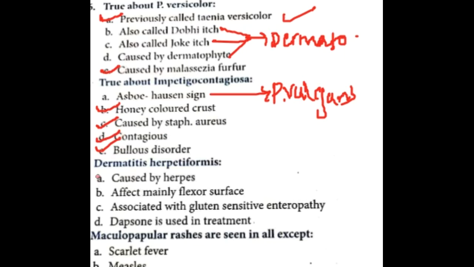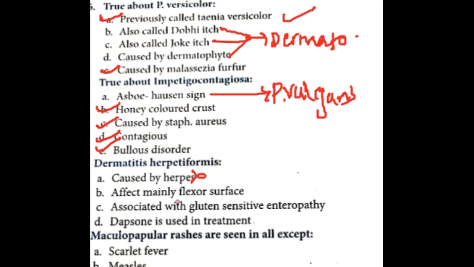Dermatitis herpetiformis. Dermatitis herpetiformis is caused by herpes. No, actually dermatitis herpetiformis is an autoimmune disorder where there is accumulation of IgA in the skin, in the dermal papillae.